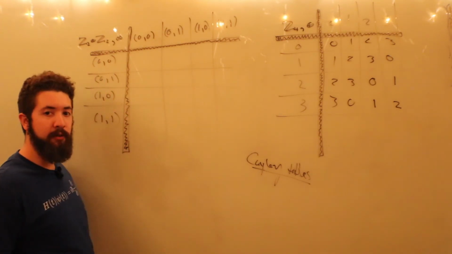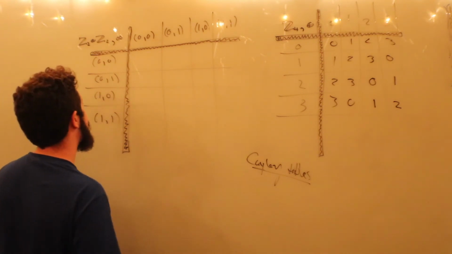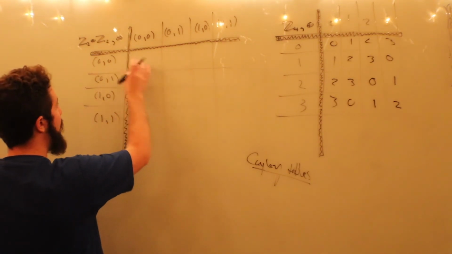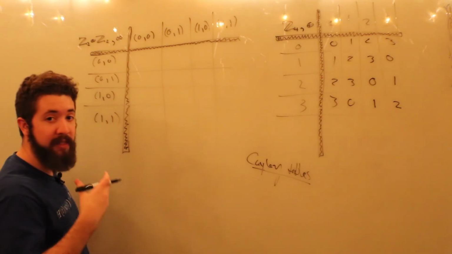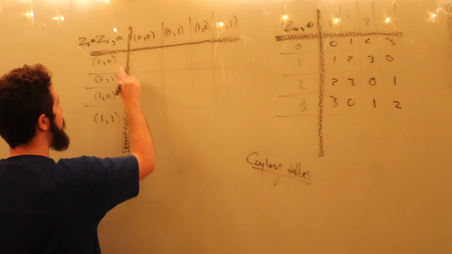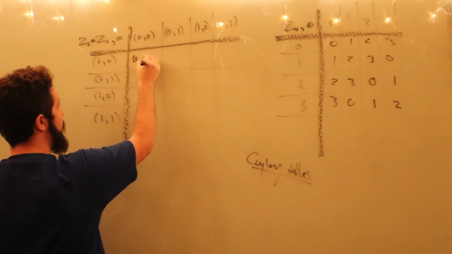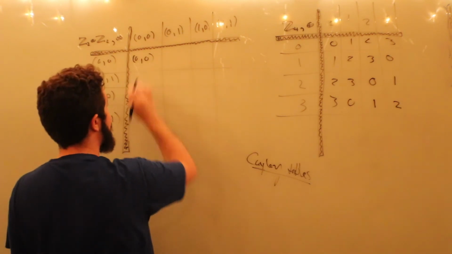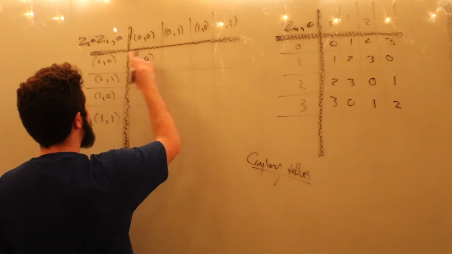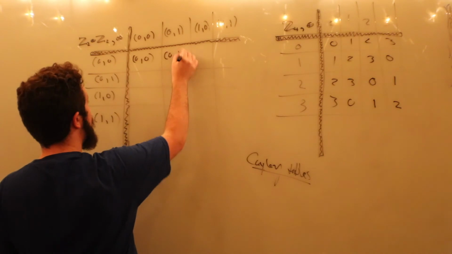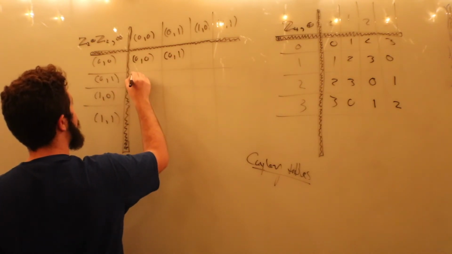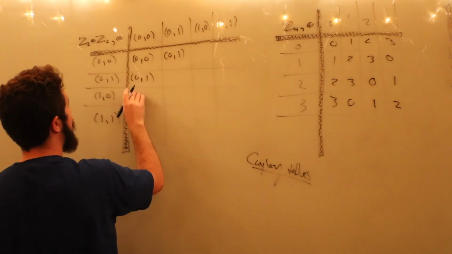Now let's do Z2 cross Z2. 0, 0 plus 0, 0. Keep in mind this is mod 2, right? For both. It's going to be 0, 0, our identity element here. Now 0, 0 plus 0, 1 is 0, 1. Same thing here, right? 1, 0.